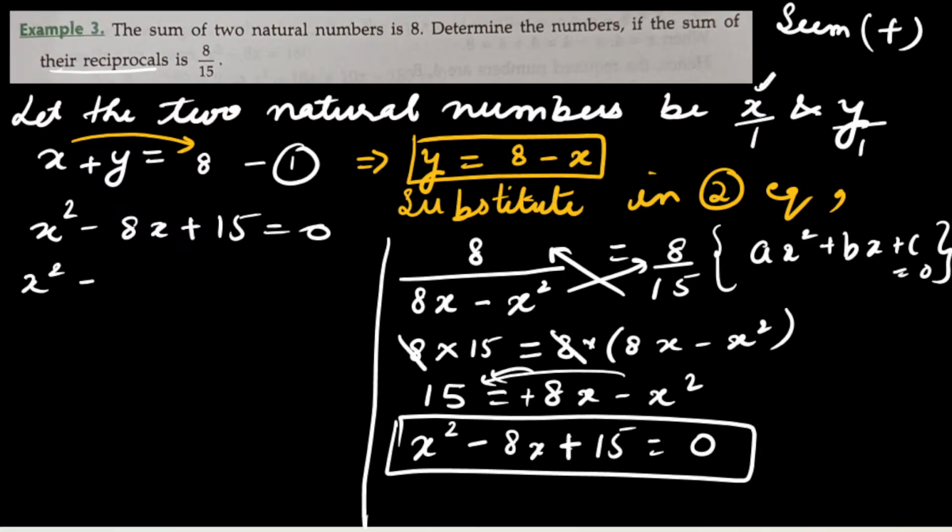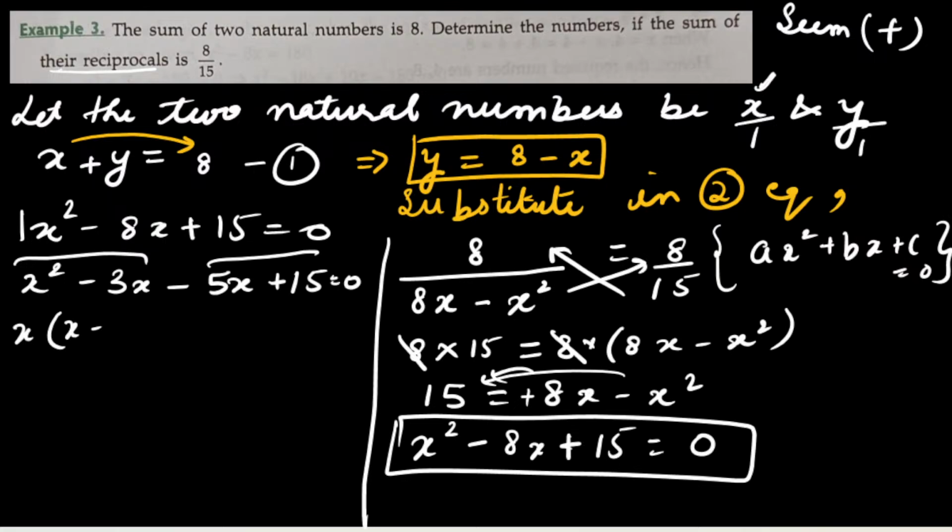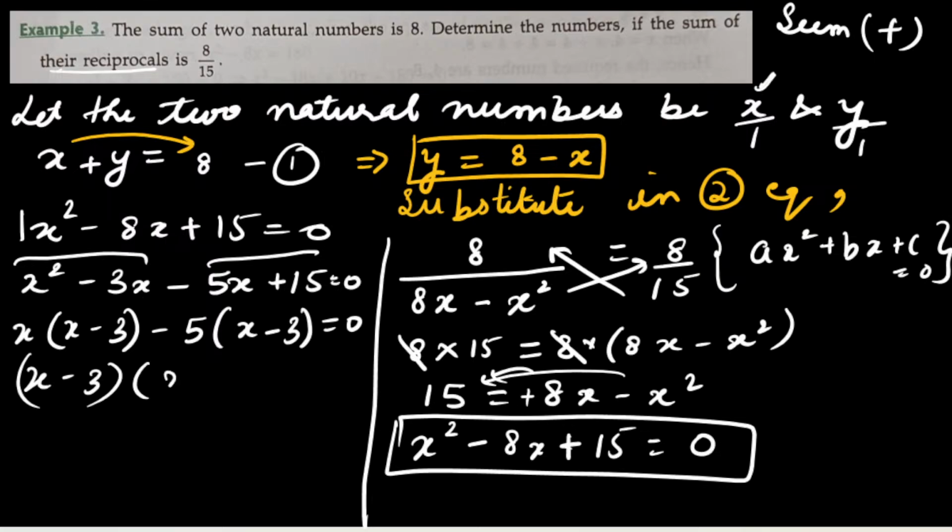So 8 we can split as minus 3x minus 5x, because minus 3 minus 5, if you add them you will get minus 8, and if you multiply them the product is positive 15. So here is one pair, here is one pair; the common factor is x minus 3, and here the common factor is minus 5, minus is outside, so inner sign we have to change. So x minus 3 and x minus 5 is equals to 0.